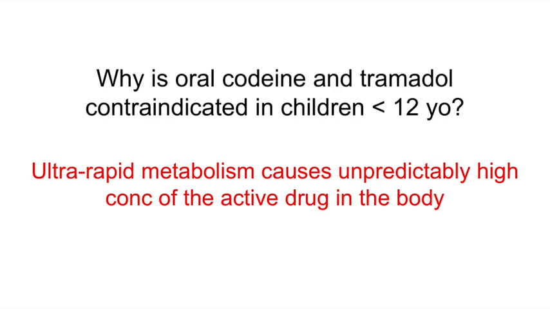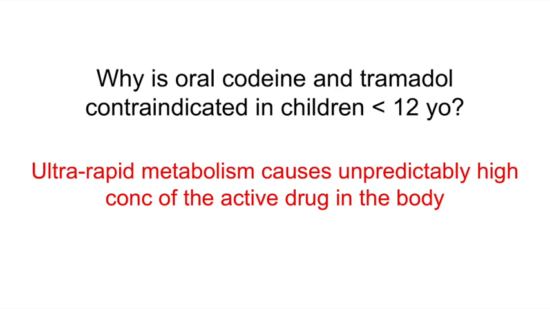You would choose hydrocodone or oxycodone because that does not cause the ultra-rapid metabolism that can lead to drug toxicity in children less than 12 years old. However, that can be seen in children less than 12 years old who take oral codeine and tramadol. And note that this drug toxicity can lead to respiratory depression and death in these patients.